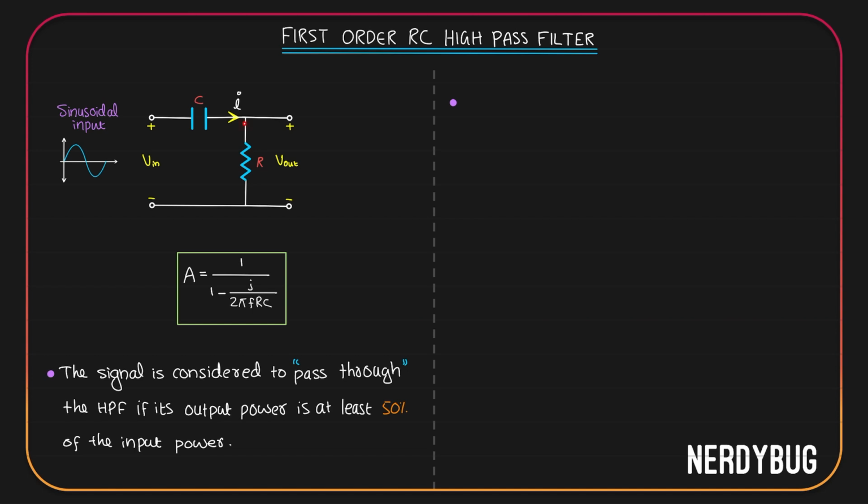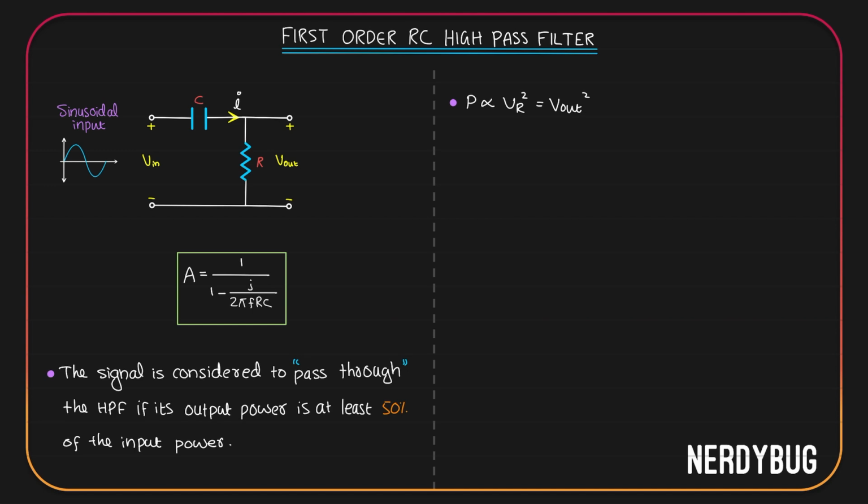Here the output is taken across a resistor. And we know power dissipated across a resistor is proportional to the square of the voltage across it. Now, since output is taken across the resistor, whatever is the voltage across the resistor is our output voltage. So we can write VR squared is actually equal to V out squared.